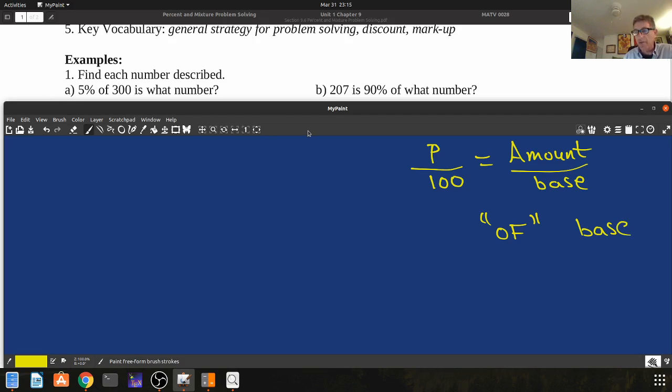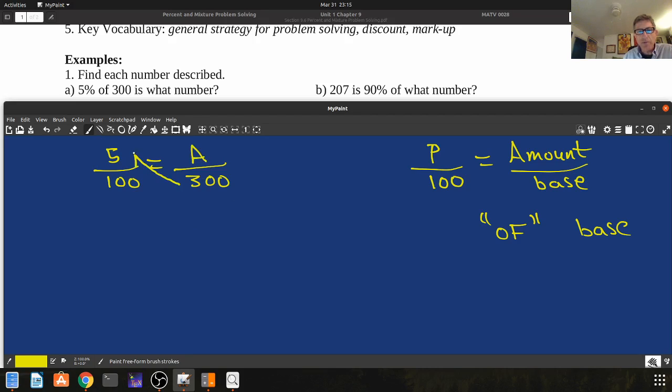So using this ratio method, let's go back and solve the exact same problem. So 5%, so 5 is to 100 of 300. The of means it's the base, so 300 is my base. And what is my unknown? My unknown is my amount A. So now I just solve it by cross multiplication.